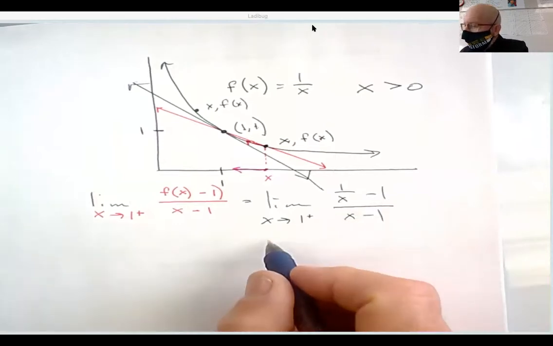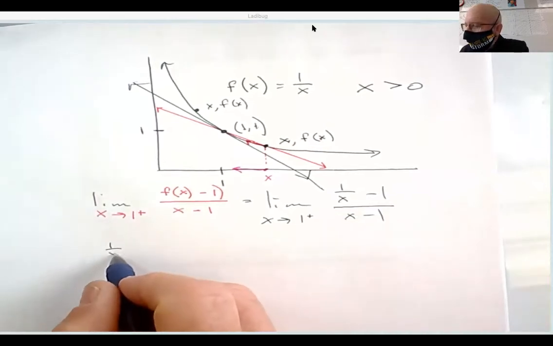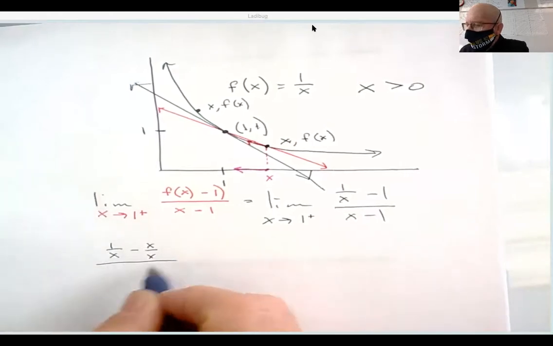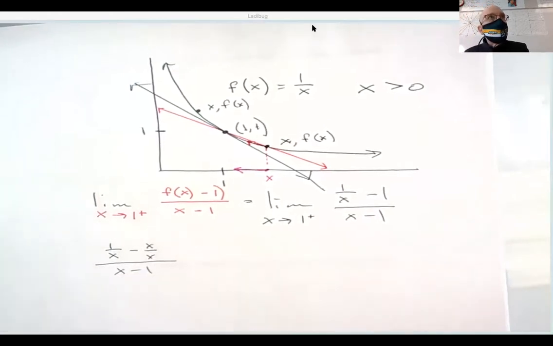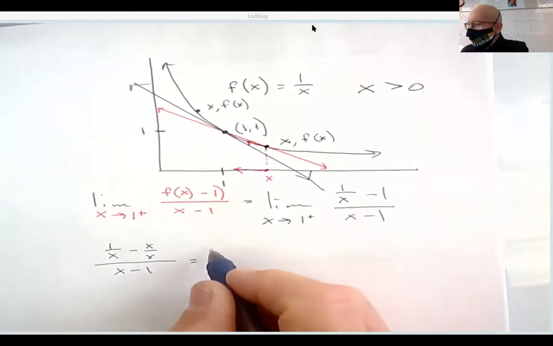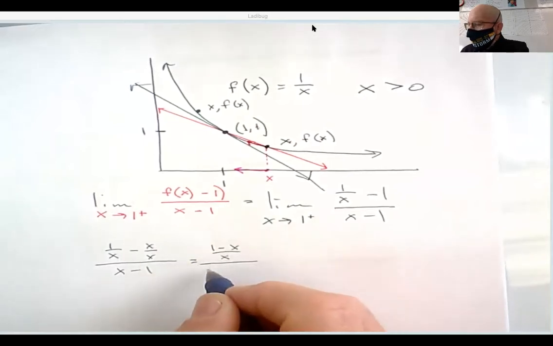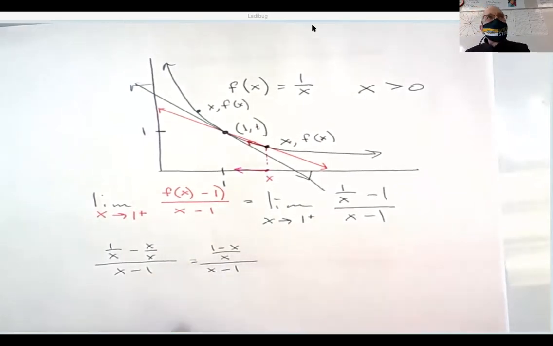So that means I'm going to have (1 over x minus x over x) over (x minus 1). Make sure you tell me if there's some algebra you're not seeing. This is (1 minus x) over x, divided by x minus 1. Okay, Darcy?